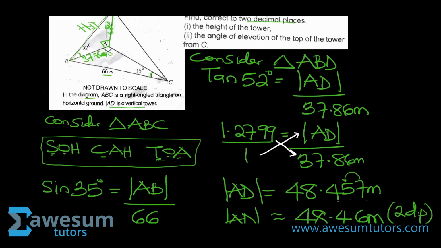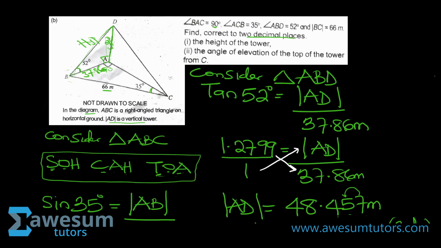In the diagram, the height of the tower is AD. So what we did first was to calculate this side first before we can calculate this side, because if we don't have one of these sides, we will not be able to calculate line AD. Very good, guys. I hope you understand that concept. Now let us look at the next question.